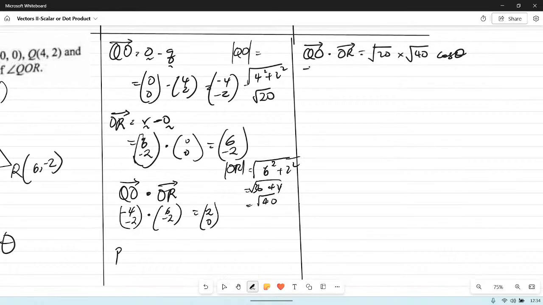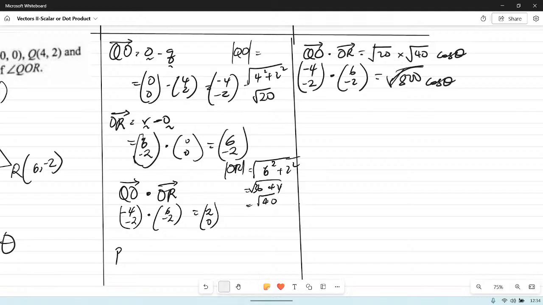The vector is negative 4, negative 2 with negative 6, 2. Over the root of, cos theta. The ones at the top: negative 24 plus 4. This gives you negative 20.